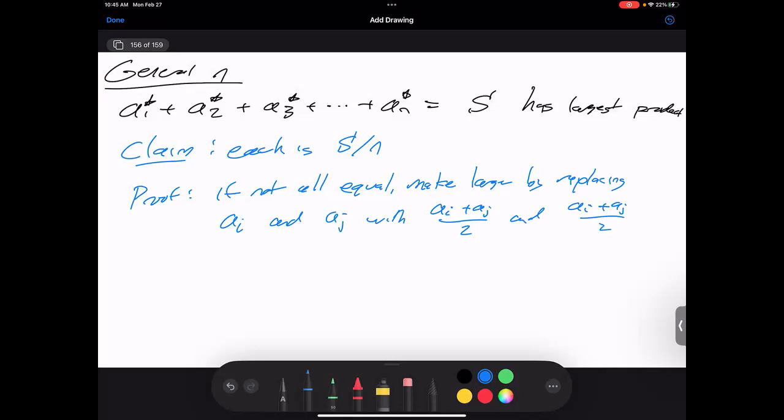So if I wasn't in the situation where they were all equal, if I take two of them that aren't equal and replace them, I get something larger. And I know that there is a maximum choice that exists, so that maximum choice has to have them all equal. Otherwise, I could just keep going.